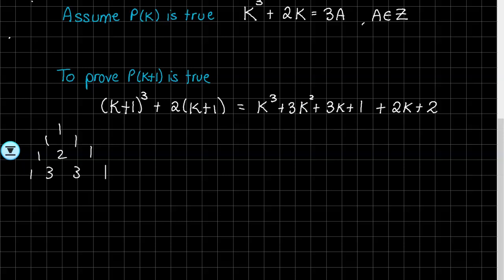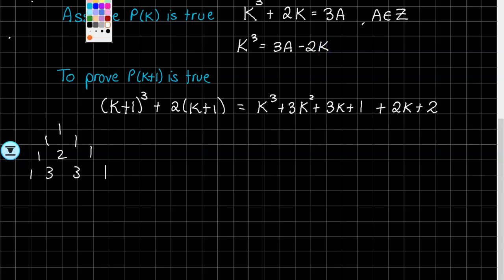So at this point, you've got options. I've had people before, they've replaced the 2k using this. Rearrange, 2k equals 3a take k cubed. I always just use the worst one and I rearrange. So I'm looking at this, I'm going k cubed equals 3a take 2k. Agreed?